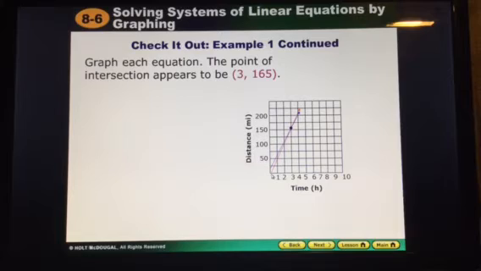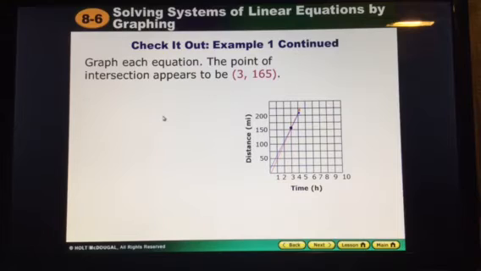So if we're at 0 and we go up to 50, a little bit ahead, and then over 1, and then if we went 55 more, we'd be at 110, and we'd be at 2. And then here's where the 2 should intersect. So they should intersect at the 3rd hour. They both go 165 miles exactly. So by your graph, it should be 3, 165.